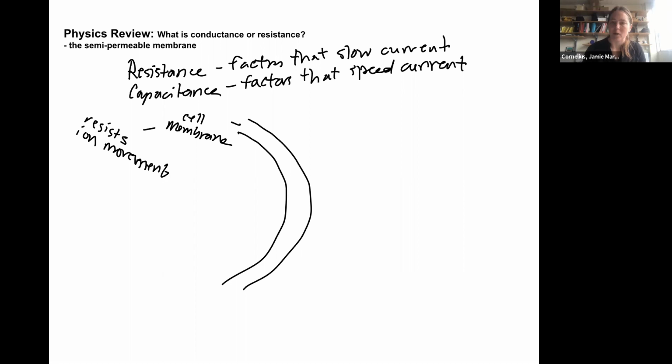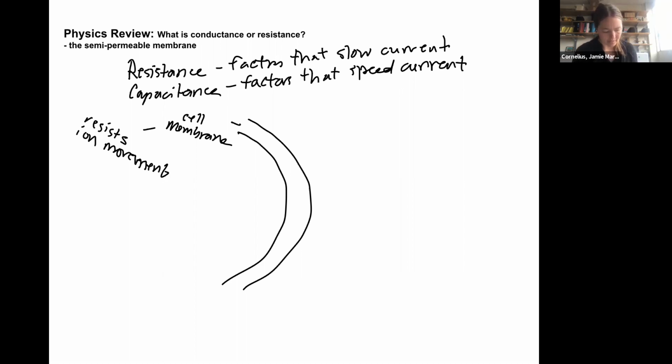It really likes water. And when you have an intracellular environment that's mostly water and an extracellular environment that's mostly water, those ions are really not going to want to be in the middle of a lipid hydrophobic space inside the cell membrane. So that keeps ions on either side of the cell membrane. So it has really high resistance normally.